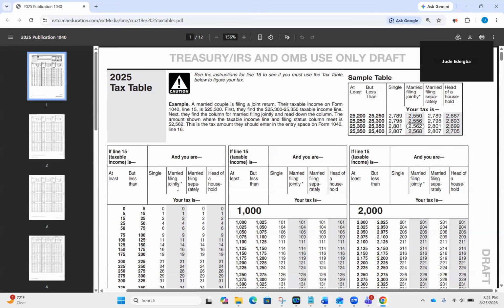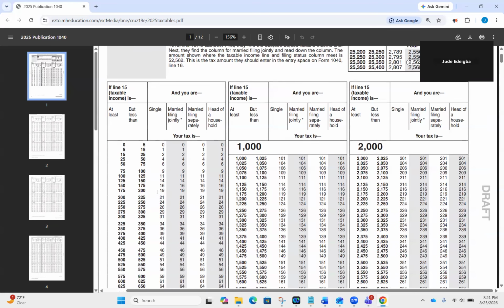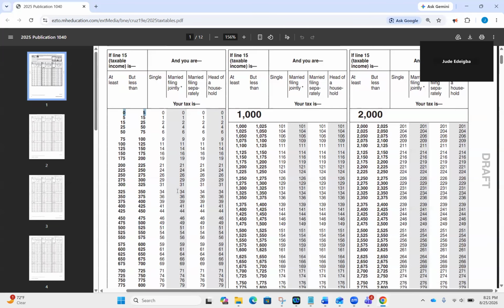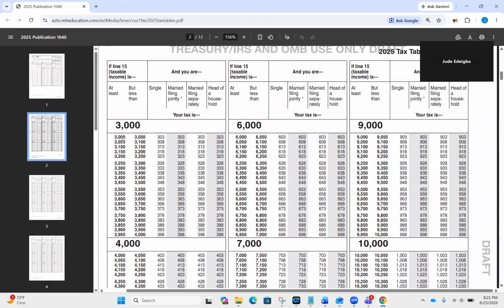And if you are single, you will trace your tax liability on the single line if your income is between $0 and $5. And then if your income is not within this range, your income might be in the $1,000 range or $2,000 range, or it might be in the $3,000 range or $6,000 range or $9,000 range, and so on.